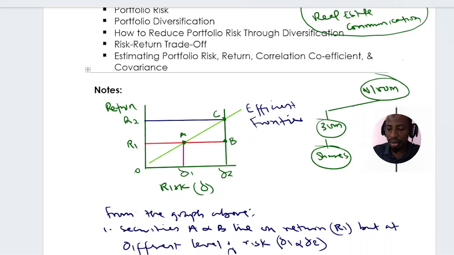Out of this 100 million, say 20 million naira is invested in bonds. Out of the 100 million naira, about 25 million naira can be invested in real estate.